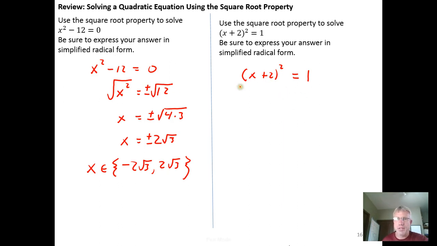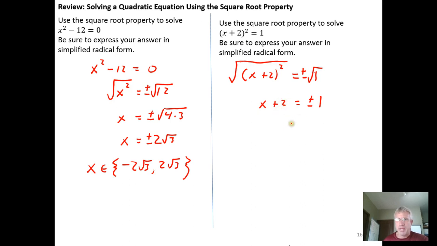What I want to recognize right here is I'm already in a position to take the square root of the term that's being squared, which means I'm going to take the square root of both sides, but immediately I put plus or minus. So here I get my plus or minus 1, and the square root cancels the squaring, dropping out the x plus 2.